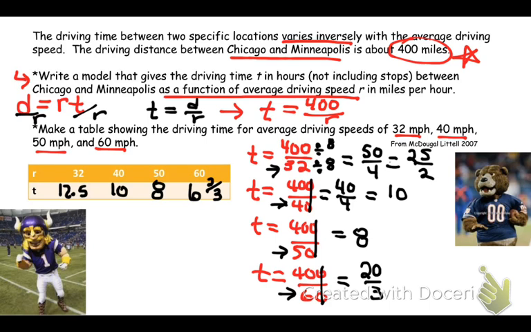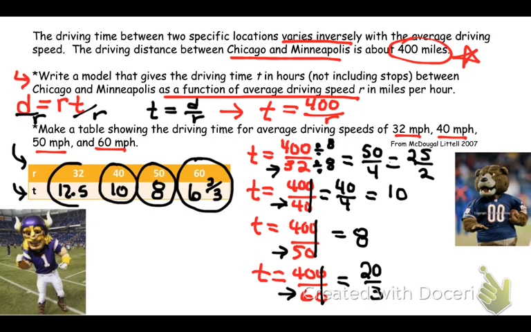And you'll notice, remember for inverse variation, we said as one value increases, the other one decreases. So notice as our rate or our speed increases, our time actually decreases. And that's true for every single ordered pair.